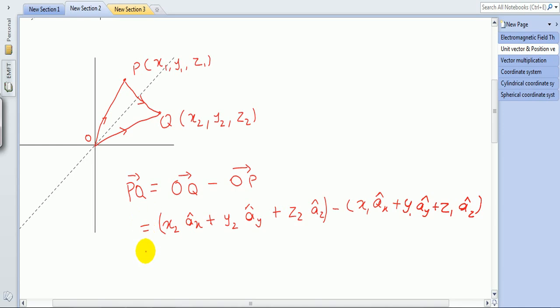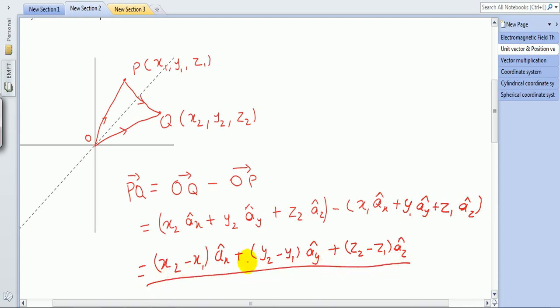If I simplify this, it will come as x2 minus x1 ax cap plus y2 minus y1 ay cap plus z2 minus z1 az cap. This is the distance vector PQ.